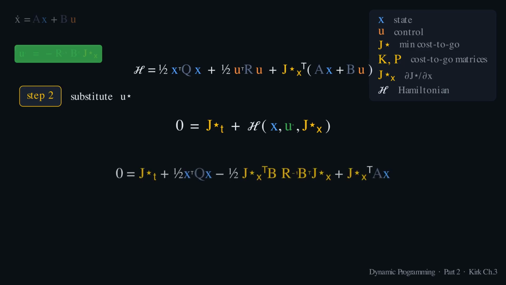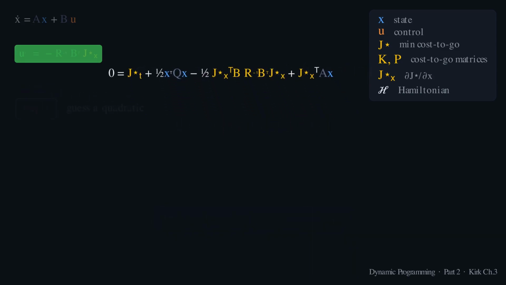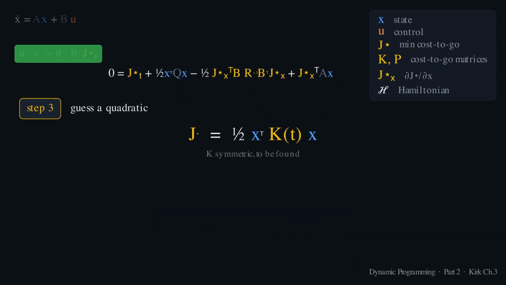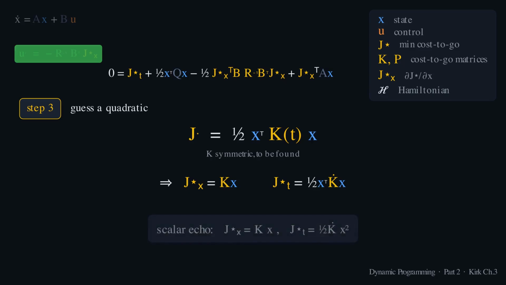Step 2. Substitute it back. The Hamiltonian collapses to 1/2 x transpose qx minus 1/2 gradient transpose B R inverse B transpose gradient plus gradient transpose ax. Step 3. Guess. The cost to go is 1/2 x transpose k of t x with k a symmetric matrix.